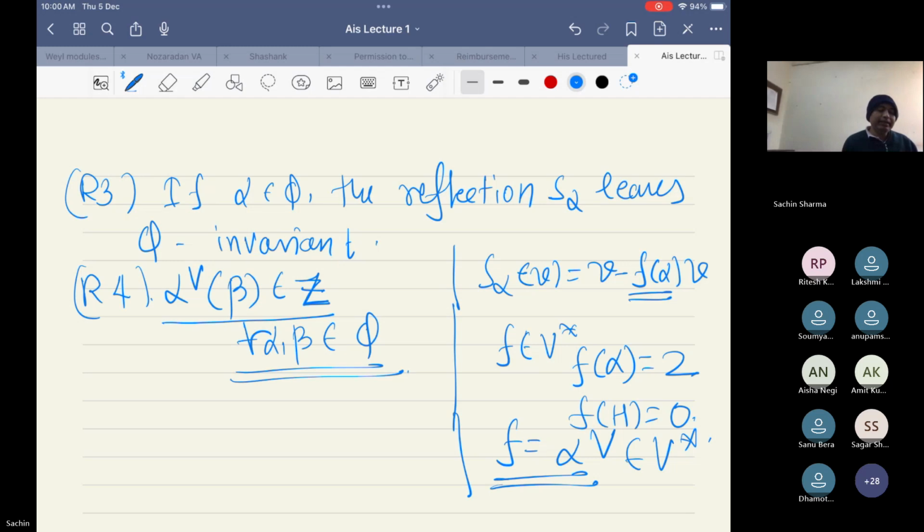An extremely crucial property is that this reduces the classification problem a great deal. I hope the definition is clear.